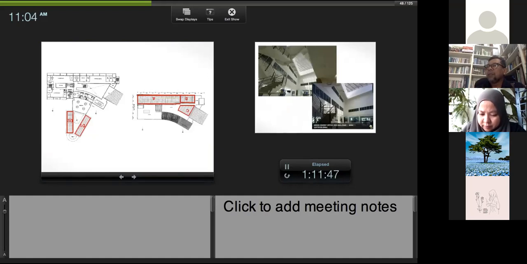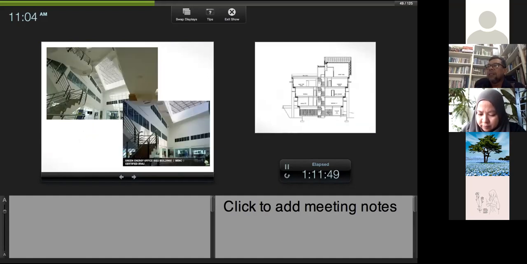Kerana orientation dia, north east west orientation. Dan bukan itu saja, dia tambah pula lagi atrium di tengah-tengah tu. So they will create daylighting not only in the middle, tapi juga room adjacent to the atrium, indoor room.